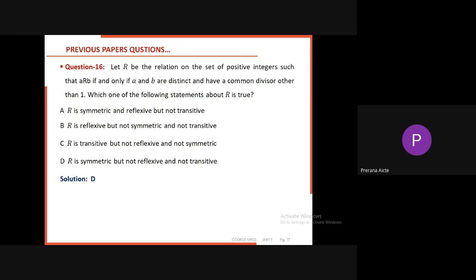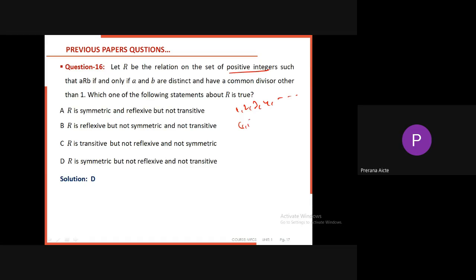The relation is defined on the set of positive integers, so the set will contain 1, 2, 3, 4, 5, and so on, such that if A and B are distinct and have a common divisor other than one, we consider them. So we need to consider the ordered pairs in such a way that they have a common divisor.